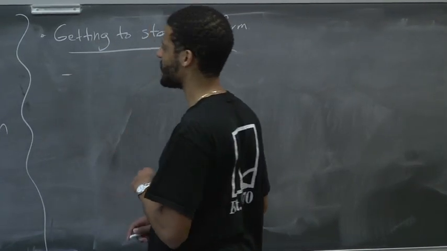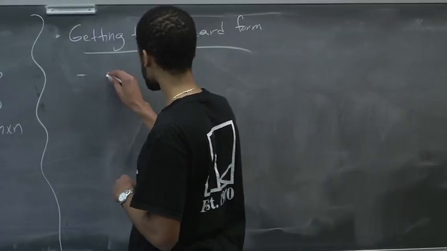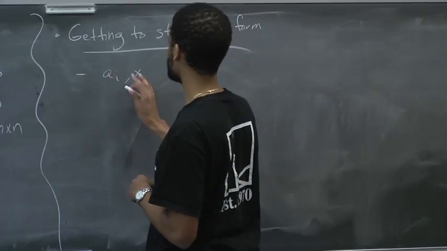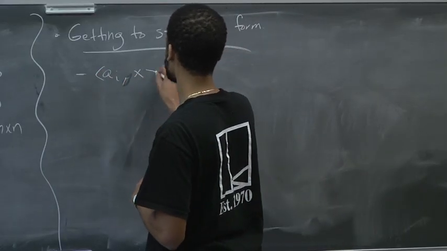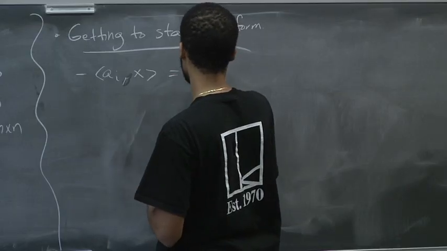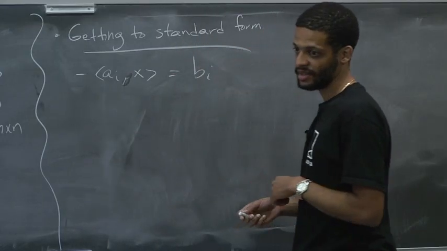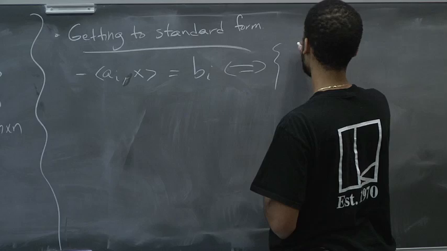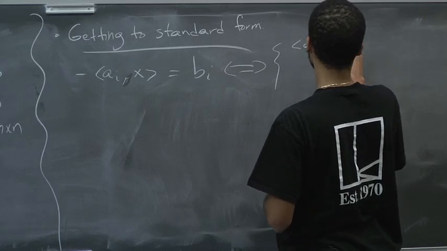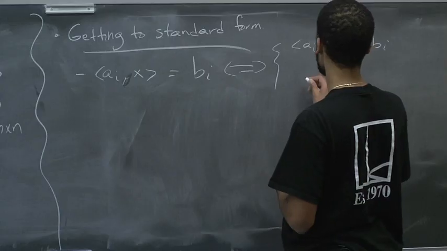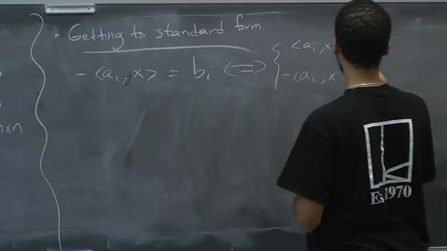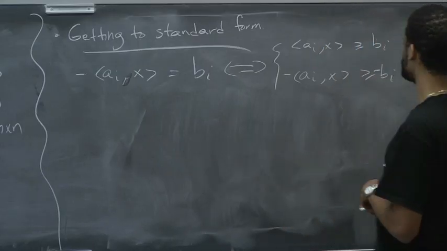Well, imagine this is like a row of A. If I have a constraint that says a_i·x is equal to b_i, this is the same thing as having the two constraints a_i·x is at least b_i, as well as negative a_i·x is at least negative b_i.